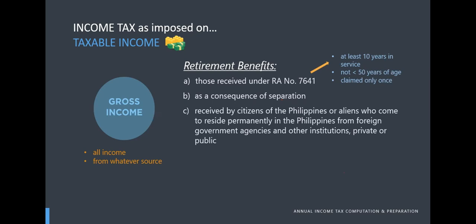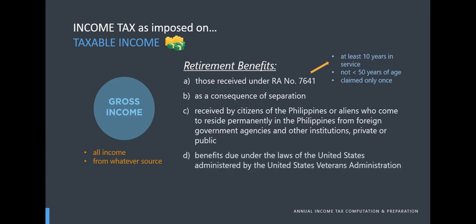Received by citizens of the Philippines or aliens who come to reside permanently in the Philippines from foreign government agencies and other institutions, private or public. So I am discussing these retirement benefits that are to be exempted from the imposition of tax. Benefits due under the laws of the United States administered by the United States Veterans Administration and those received under SSS.